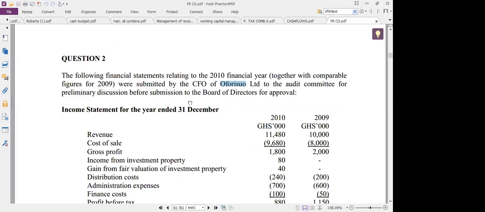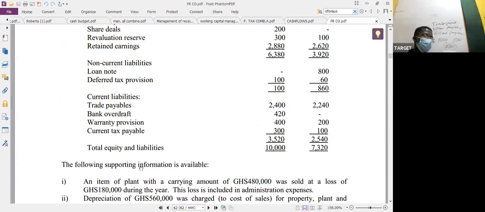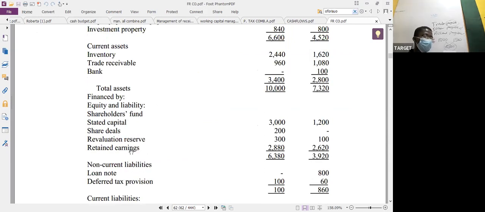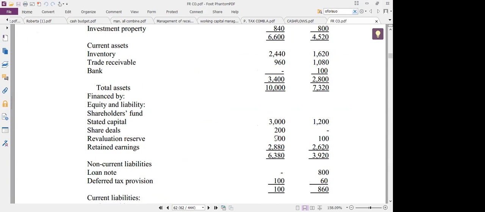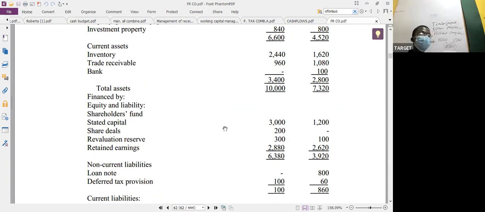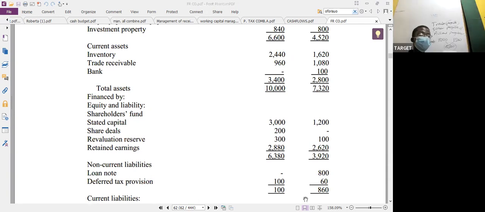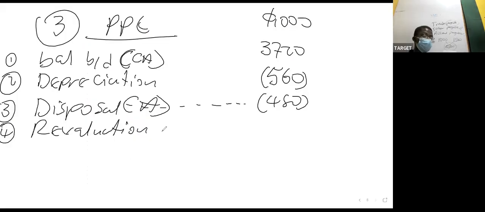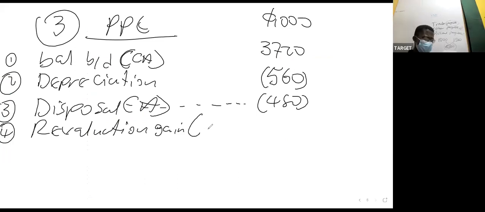Yes, we are here. So check revaluation for me. What's the revaluation reserve? It has moved from 100 to 300. So it has increased by 200, right? So we call it revaluation gain. So let's go and add it. How do you treat revaluation gain? You add it to the current amount of the asset, right? So this revaluation gain. Open a bracket, 300 minus what?